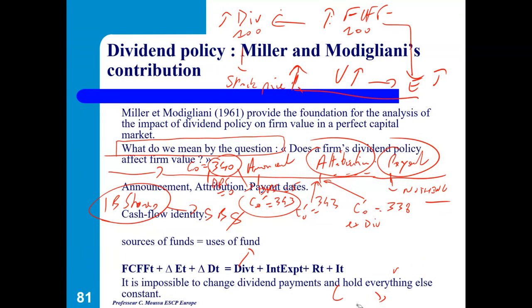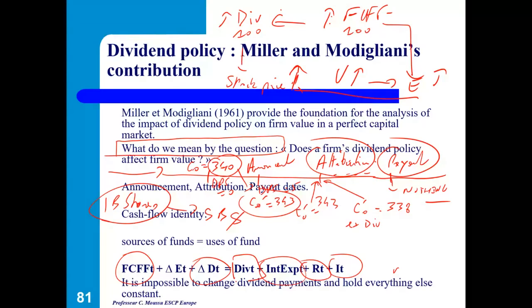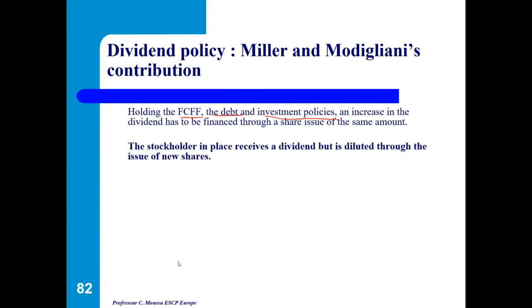If I hold the free cash flow, if I hold the level of leverage, if I hold the capex, the sole way to increase a dividend is to raise new money. And that's a very smart way to think about dividend.